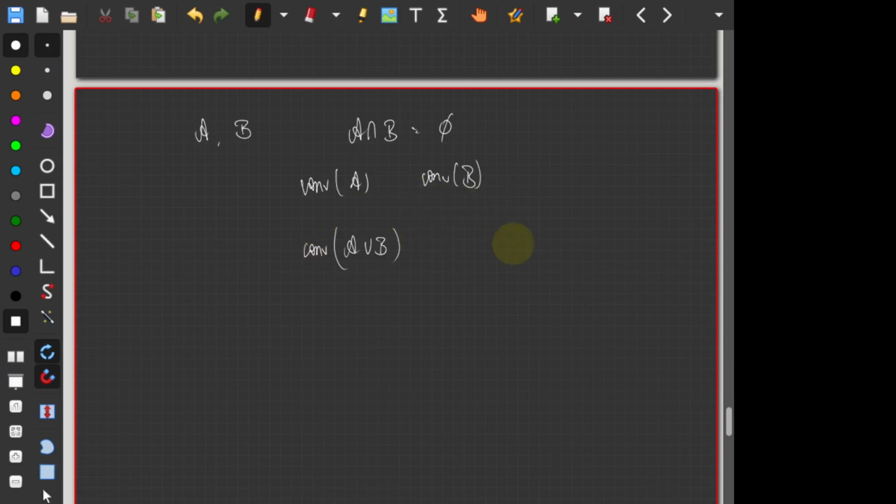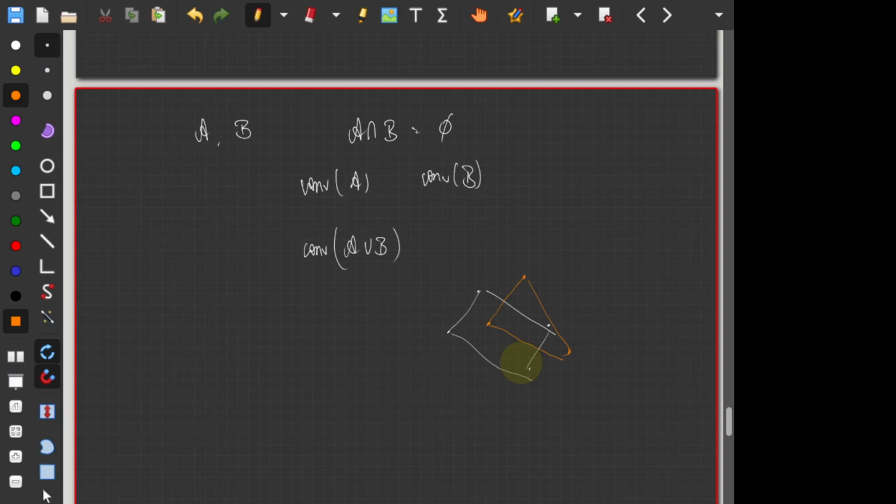Because I could always take a finite set. So for example, let's say my A is these 4 points and my B is these 3 points. The convex hull of the white points is going to be this rectangular or whatever polygonal region, whereas the convex hull of the orange points is going to be this triangular region, right?